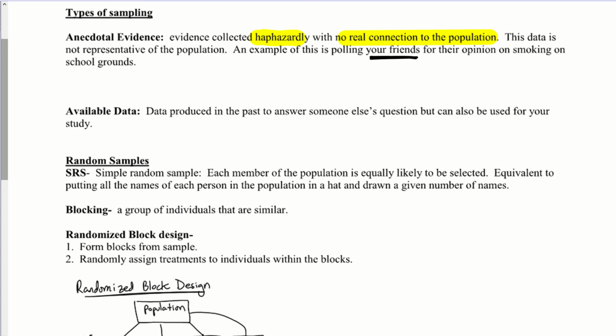I'm talking about data that's part of somebody else's statistical analysis. Somebody else, like maybe a former student of mine, conducted a study and collected the data properly. It has to be properly. If they collected it using anecdotal evidence, then forget it. But if they collected it properly and you just want to do something different with that data, that's perfectly okay.